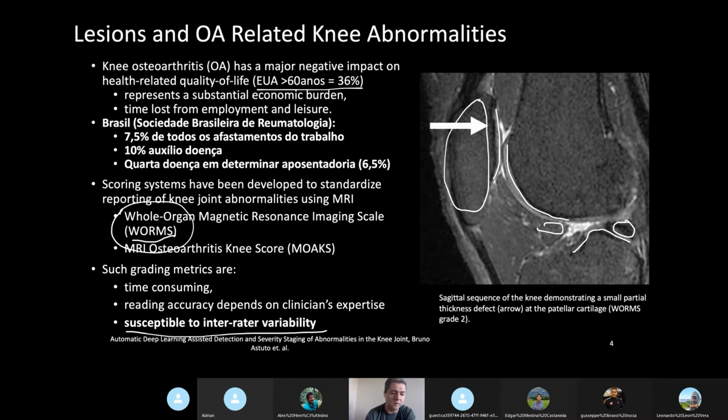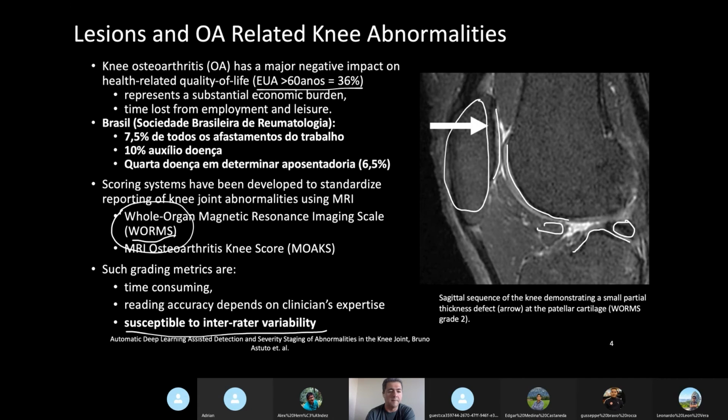What I'm talking about now is the fact that when two radiologists look at the same image, they might grade them differently. One radiologist might think that it's a serious lesion, the other might think that it's a mild lesion. And some radiologists might not see a lesion at all, depending on the way they look at the image, depending on their expertise and so on and so forth.